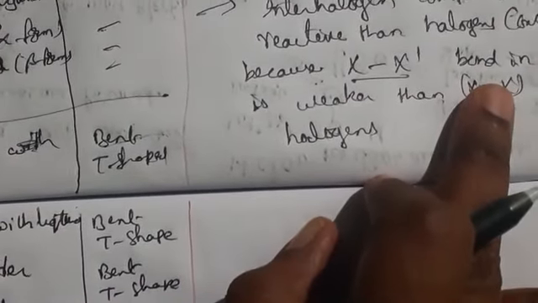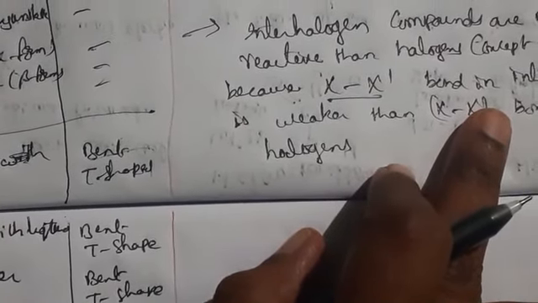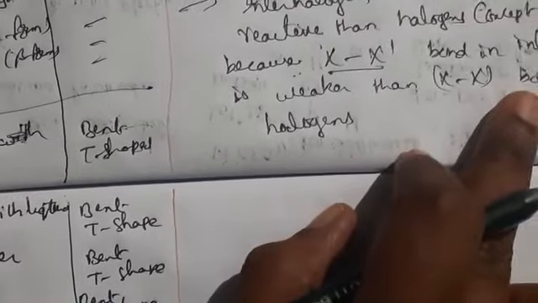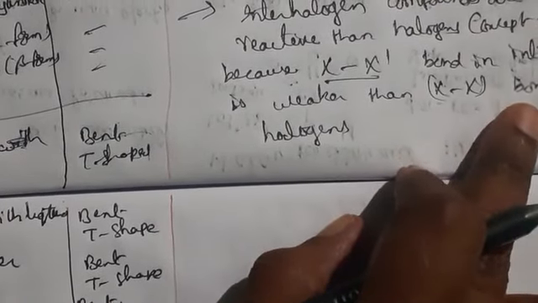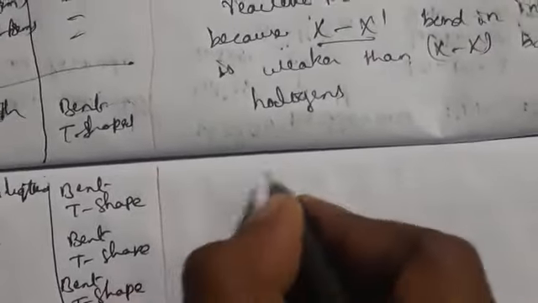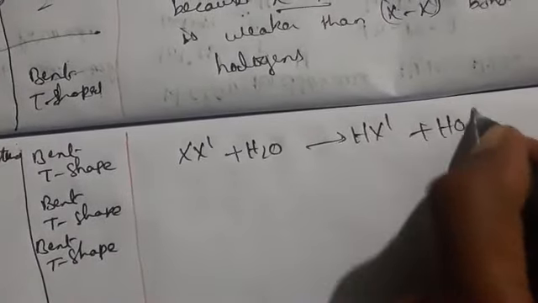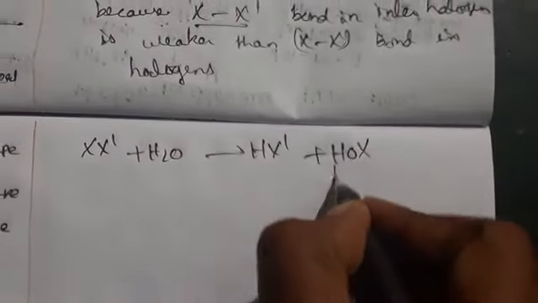All these interhalogens will undergo hydrolysis. It will give a halide ion from the smaller halogen, and form a hypohalite, halite, halate and perhalate. Whenever you treat XX' with H2O, it forms hydrogen halide and also HOX.